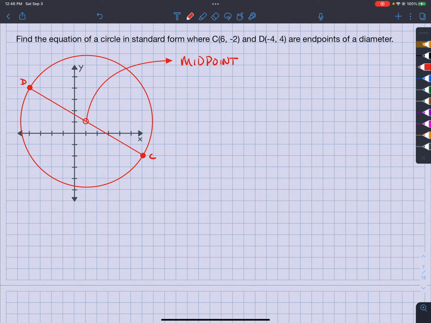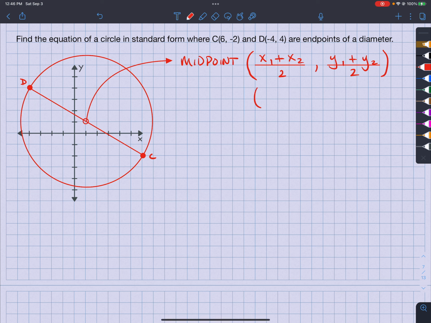And the midpoint formula is x1 plus x2 divided by 2, comma, y1 plus y2 also divided by 2, right?